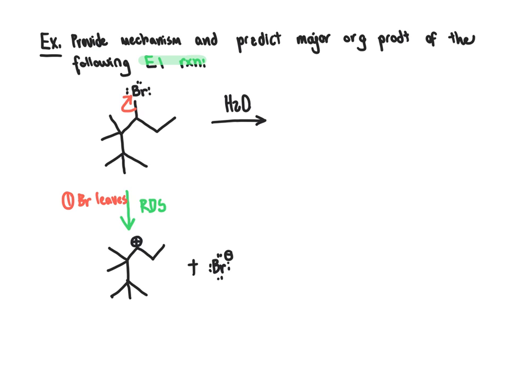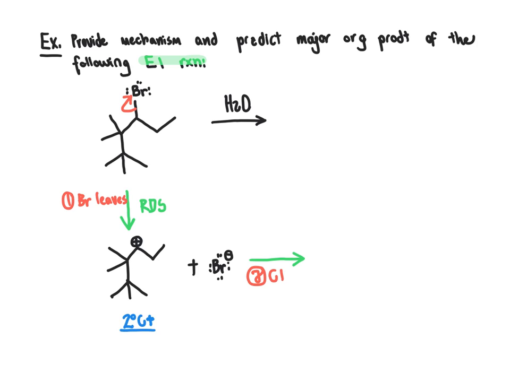And remember that when you form carbocations, you always need to have in mind the possibility of a carbocation rearrangement. A carbocation rearrangement will occur if we start with a secondary carbocation, and there's some way to do a 1-2 shift, meaning moving a methyl group or a hydrogen from the adjacent carbon atom over in order to convert that secondary carbocation into a tertiary carbocation, because that's going to make that step energetically favorable, going from a secondary carbocation, which is less stable, to a tertiary carbocation that is more stable.